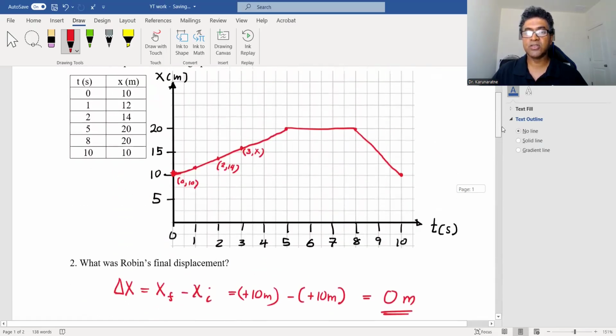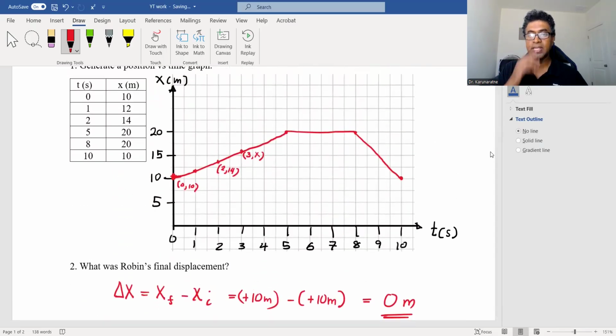How do we find the velocity? Again, we have to look at the slope, right? So we have only 2 points. So let's look at the slope using these 2 points. That point is 8, 20. And then this point is 10, 10, right? So the slope is going to be final minus the initial always.